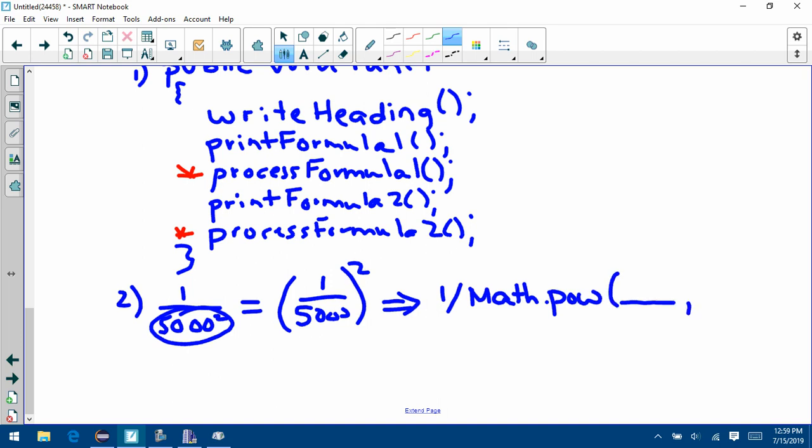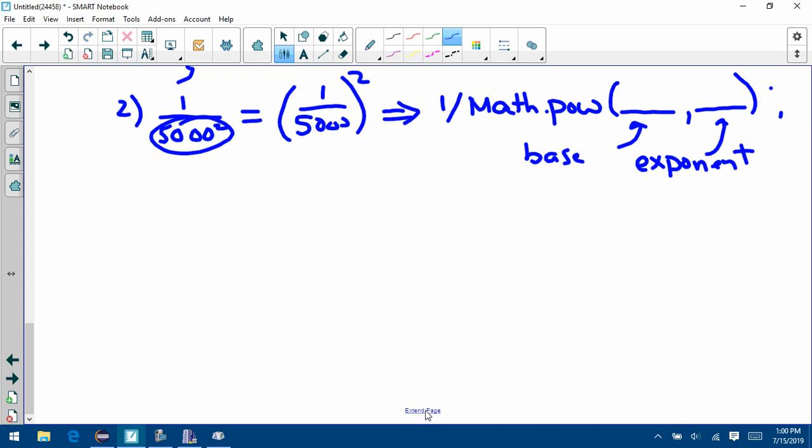There's two things that go inside math.pow. This is the base, in this case 5,000. This is the exponent, which in this case would be 2 for squared. So make use of math.pow, that'll help you.